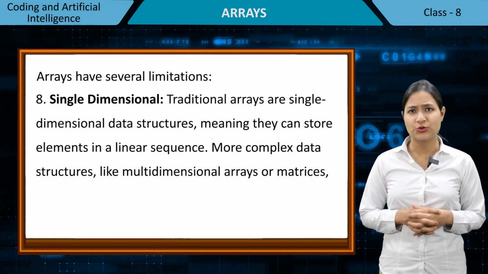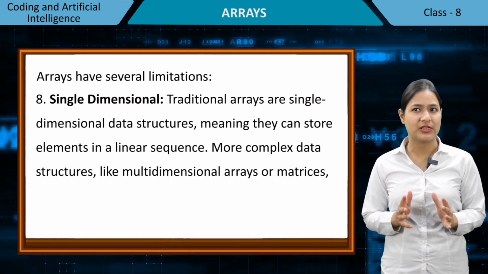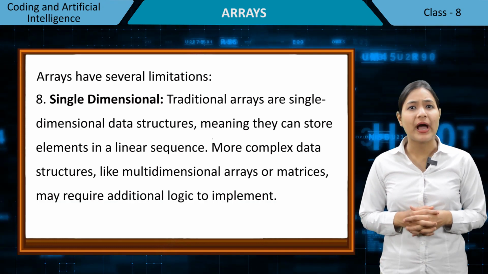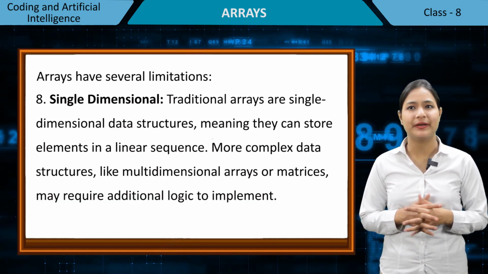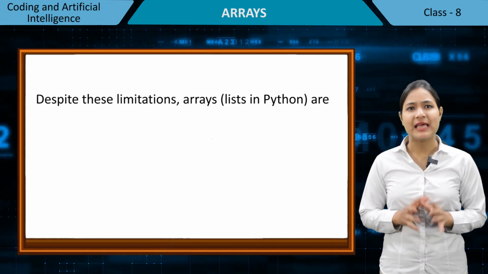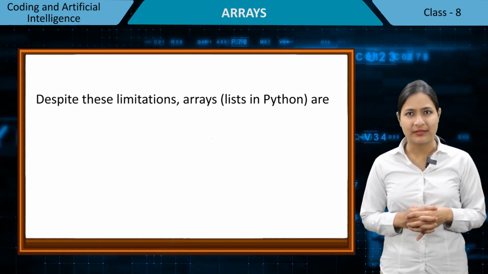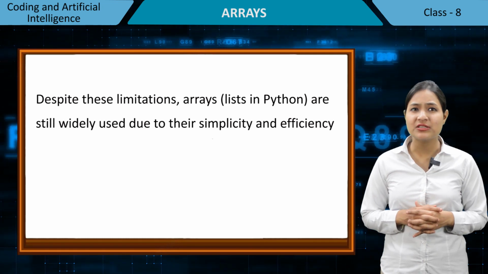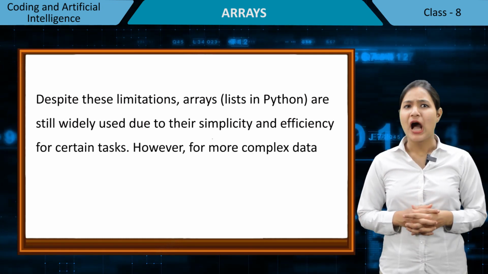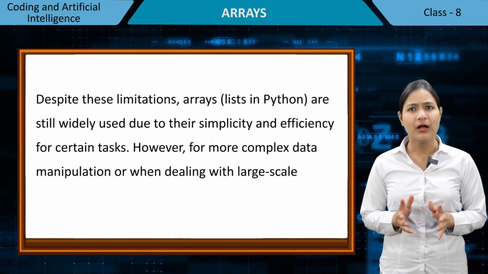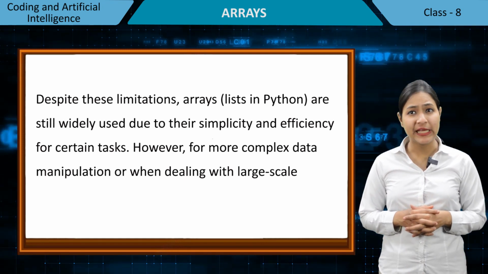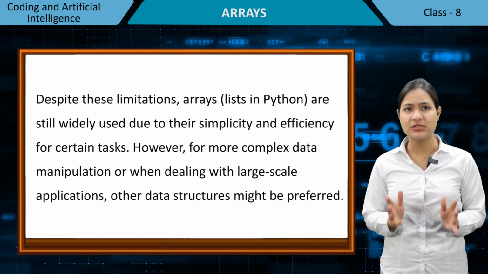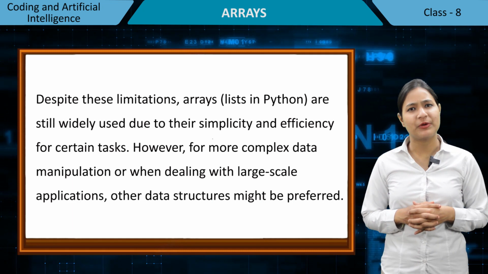More complex data structures like multi-dimensional arrays or matrices may require additional logic to implement. Despite these limitations, arrays, lists in Python are still widely used due to their simplicity and efficiency for certain tasks. However, for more complex data manipulation or when dealing with large-scale applications, other data structures might be preferred.